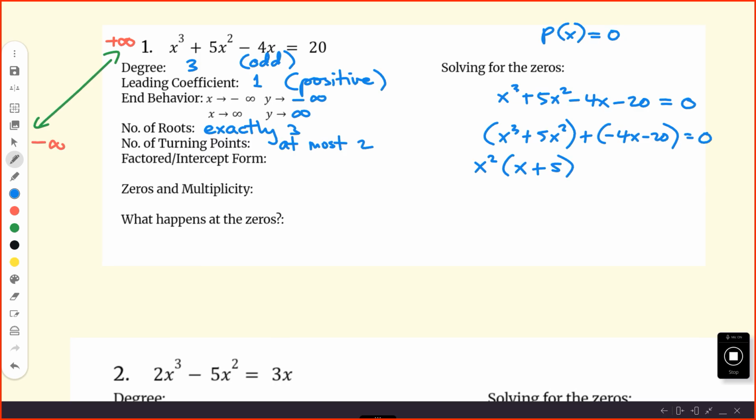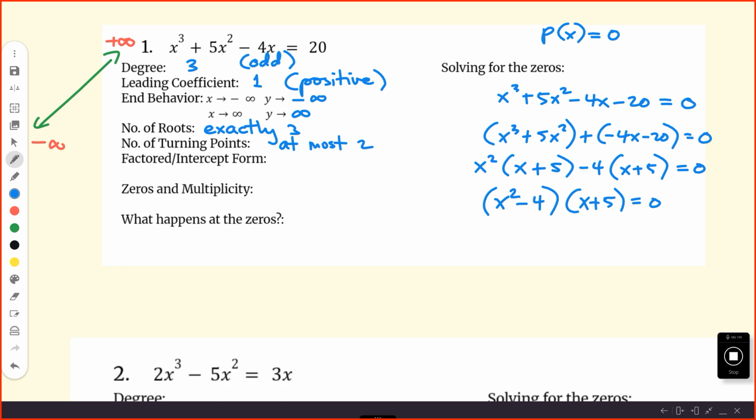And the second one would be 4. You're going to include the sign, so negative 4, and then x plus 5. Then you would group them together, so it would be x squared minus 4, and then x plus 5. And then set them both equal to 0.